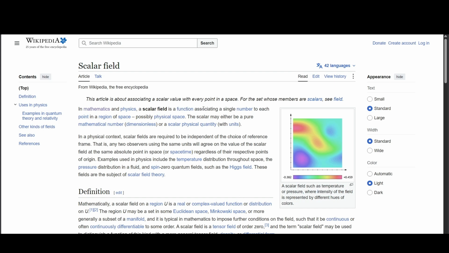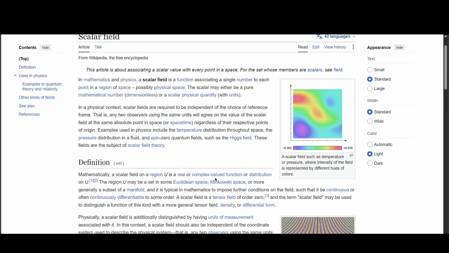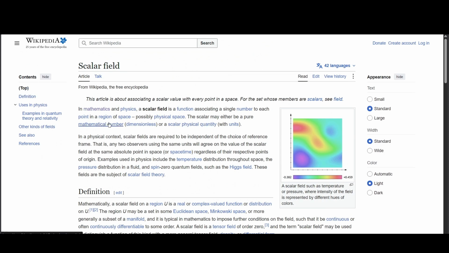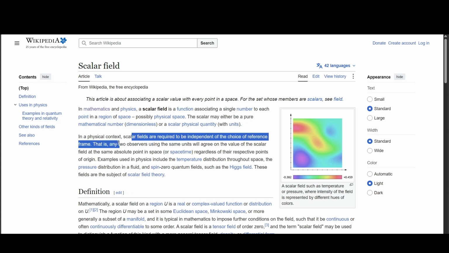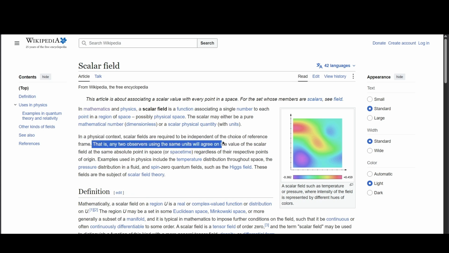It is a function, so I could assume it works like f of x, associating a single number to each point in a region of space. A scalar may either be a pure mathematical number or a scalar physical quantity with units. In a physical context, scalar fields are required to be independent of the choice of reference frame. That is, any two observers using the same units will agree on the value of the scalar field at the same absolute point in space or space-time, regardless of their respective points of origin.